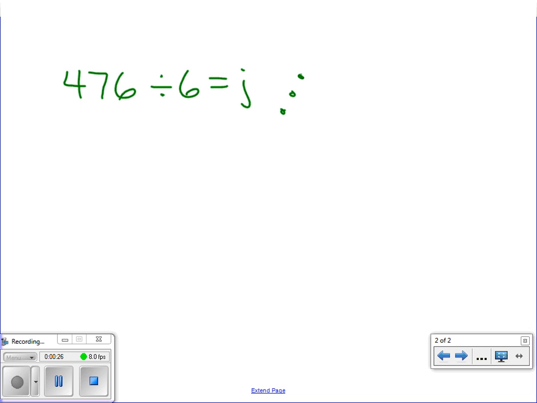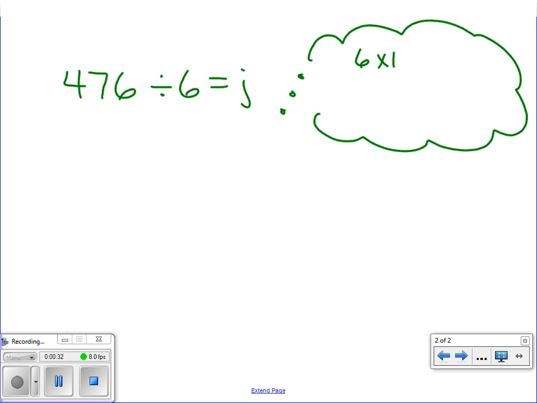So let's start with some thinking about what we know. And I know that 6 times 10 is 60, and that's not nearly enough jelly beans compared to the 476 jelly beans that I have. And I know that 6 times 5 is 30, so 6 times 50 would be 300.